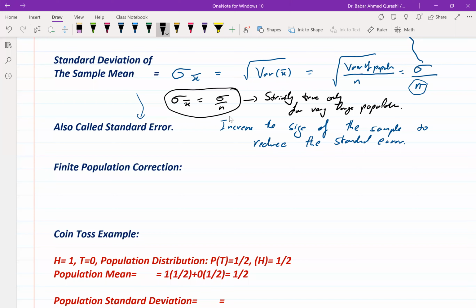Like if you're picking a sample of 100 and your population is 10,000, then this is good enough. But if you have a finite population, then this formula is not strictly correct.